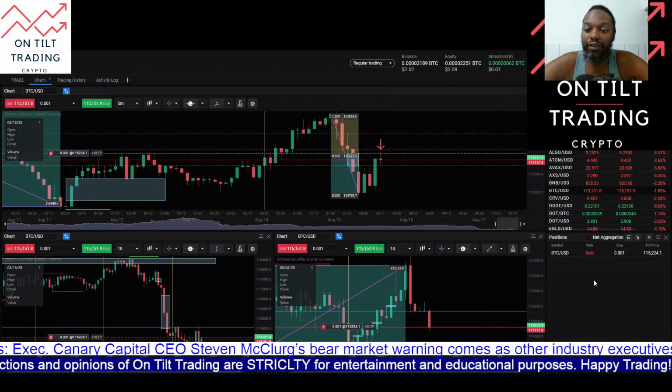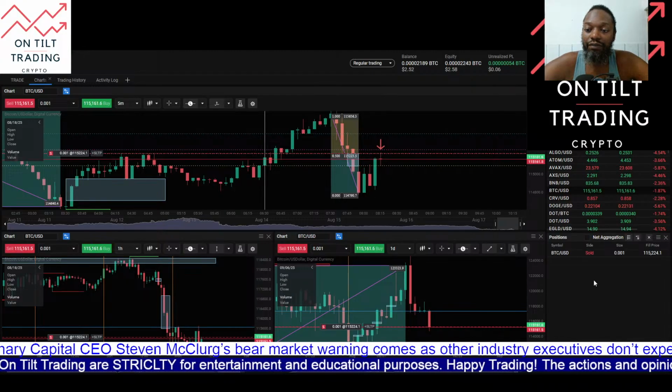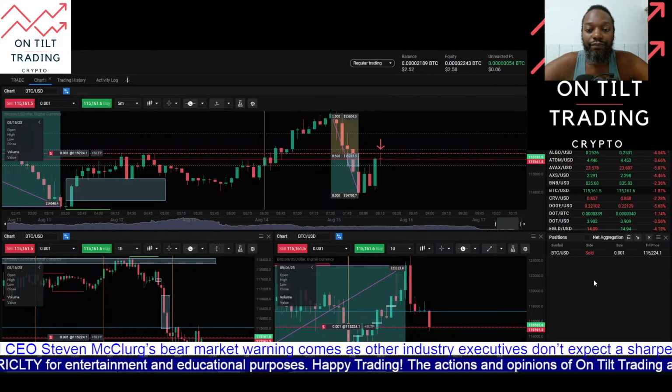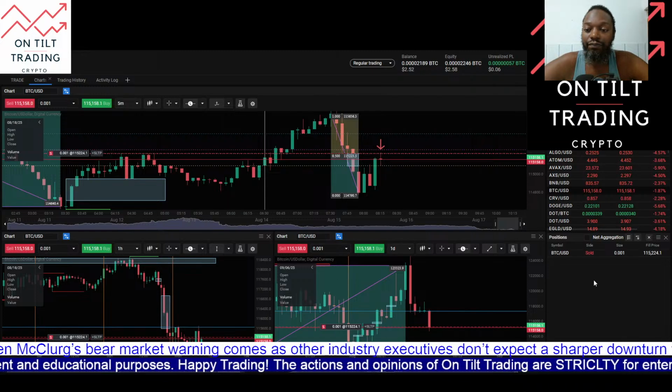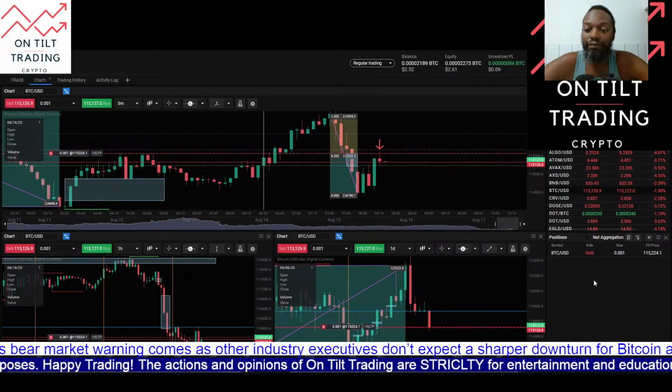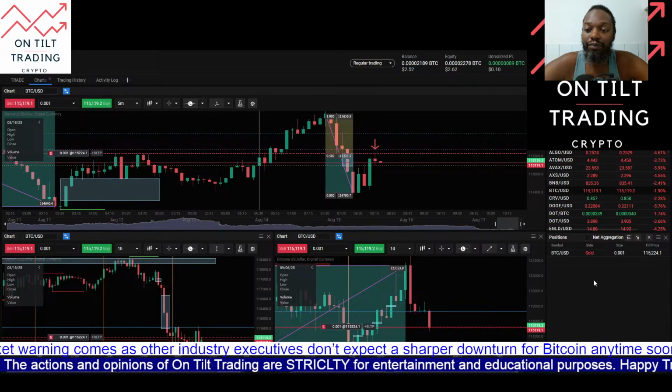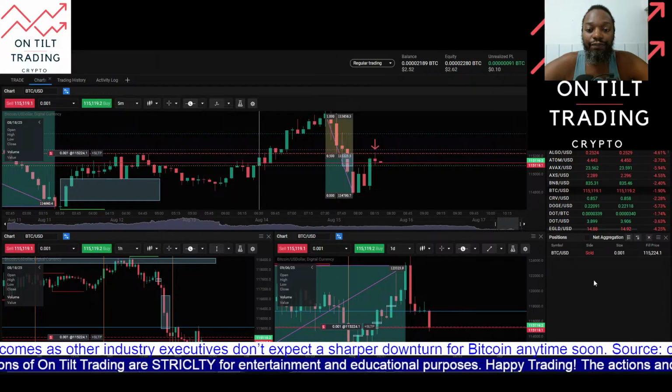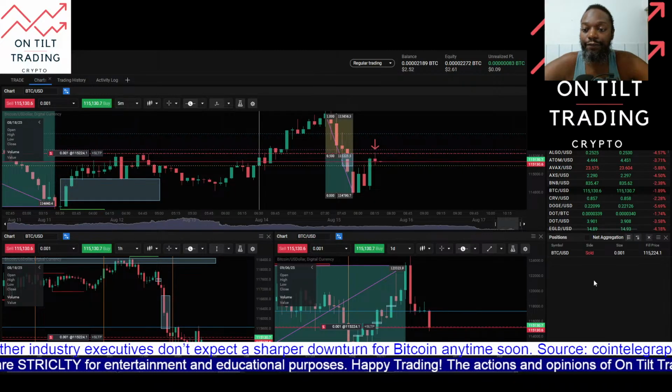Price consolidating here around the 115.150 level. Sell side delivery with speed here, 115.120. New 5-minute candle.